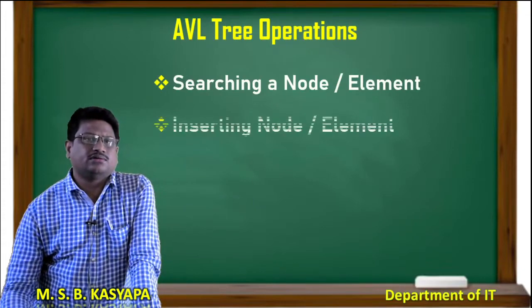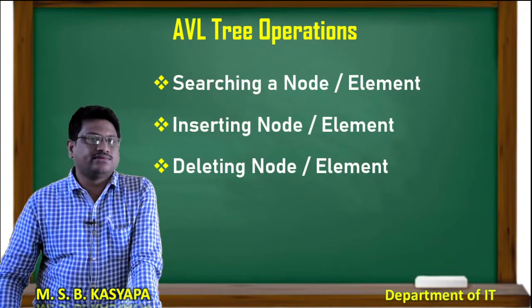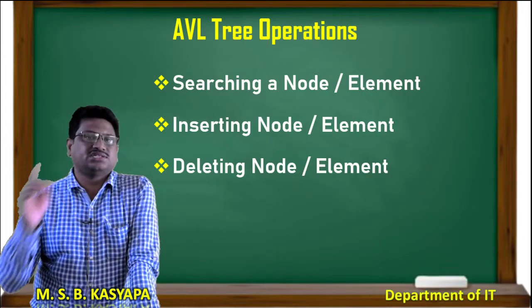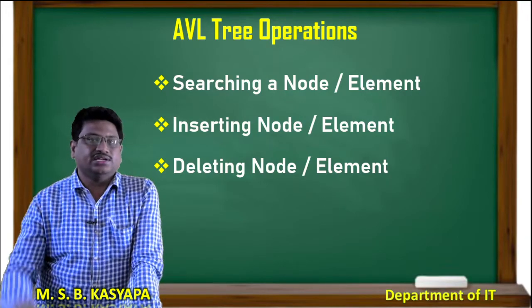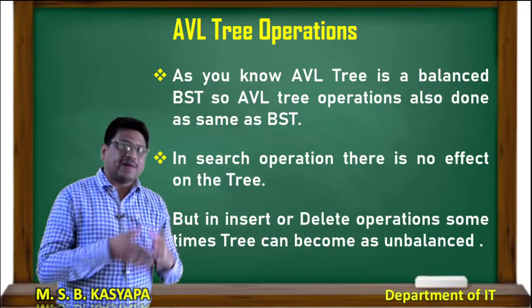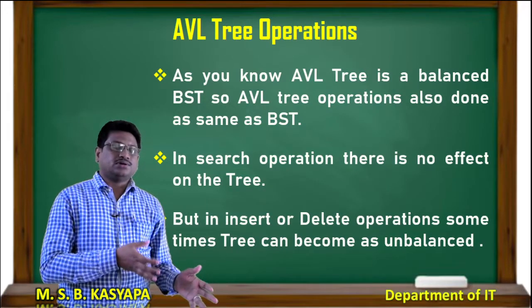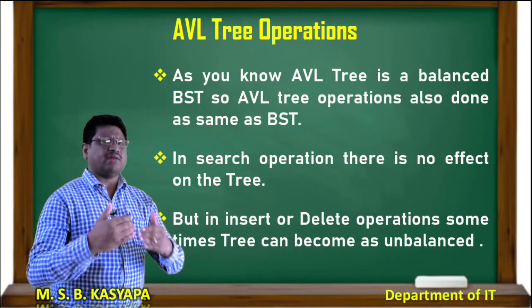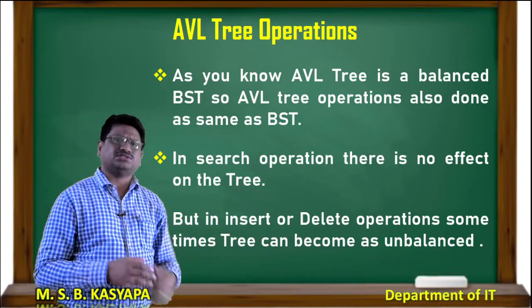Okay. Let us go to the operations as we already discussed. Each and every tree has the same operations: searching, insertion and deletion. Okay. Now, I am saying an AVL tree is a binary search tree. Am I right? So, if I want to do the operations on an AVL tree, I have to follow the binary tree operations only.